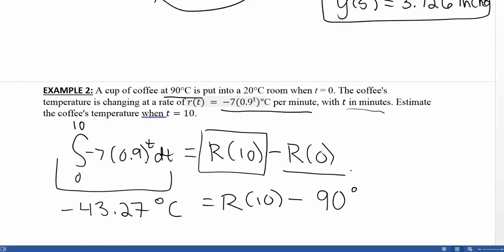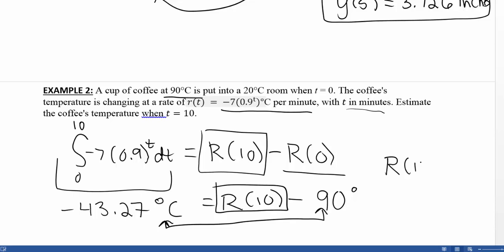So now I have that the temperature of the coffee at time 10 minus 90 degrees Celsius, our starting coffee temperature. So we're going to add 90 over to the other side so that we have solved for R of 10. So the temperature at time 10 is going to be 90 plus 43.27.